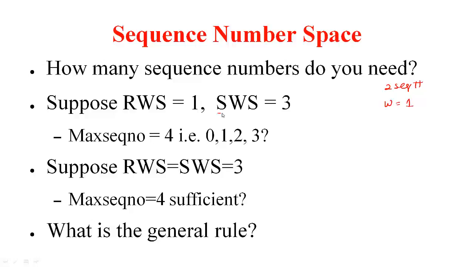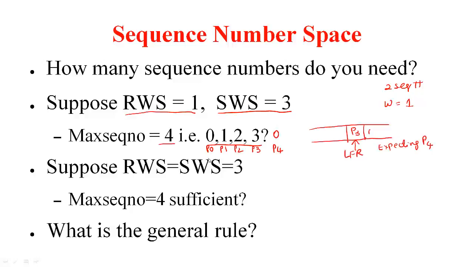If your window size is equal to 3, suppose I were to use 4 sequence numbers, 0, 1, 2, 3. Will this suffice? This is going to be a function of the receive window size. Let's assume that RWS is equal to 1. I will prove that for RWS equal to 1, this number indeed suffices.